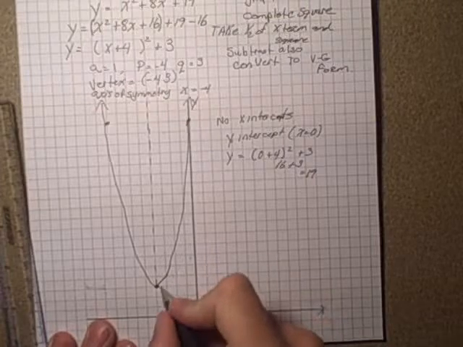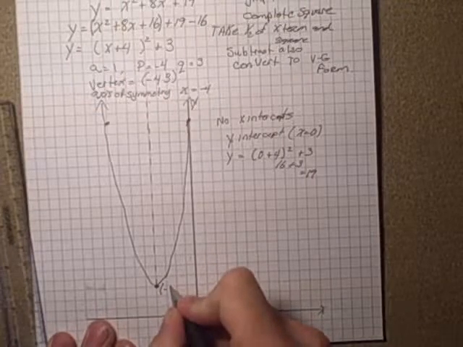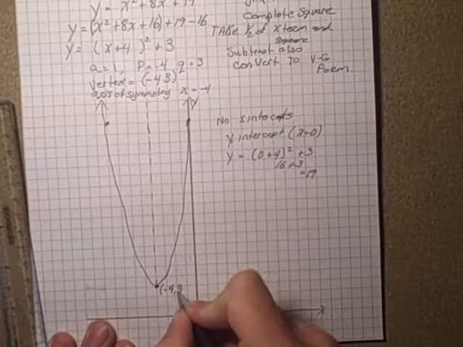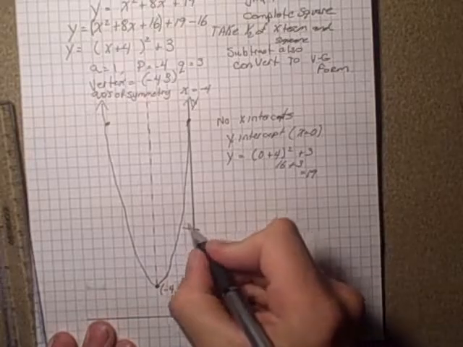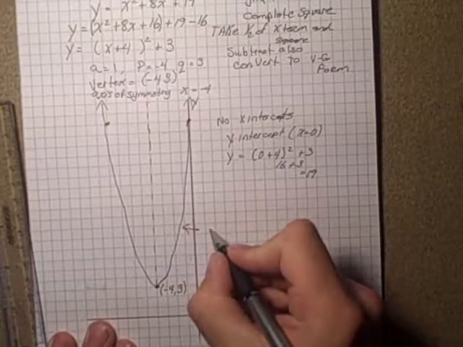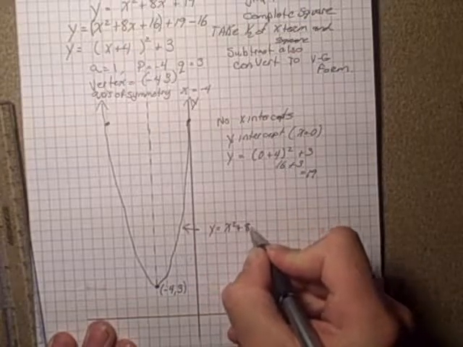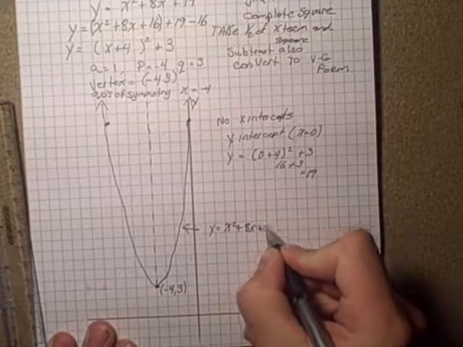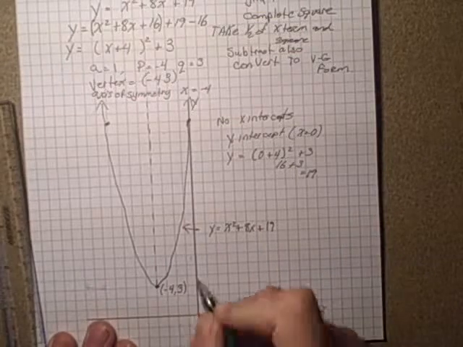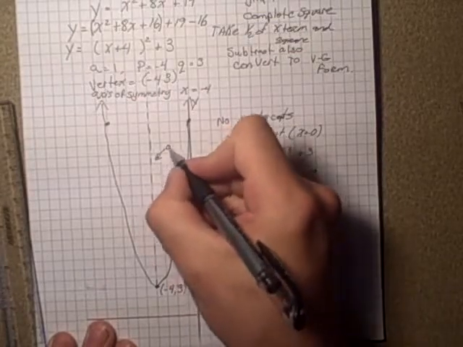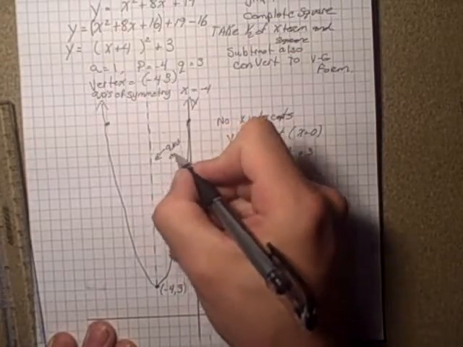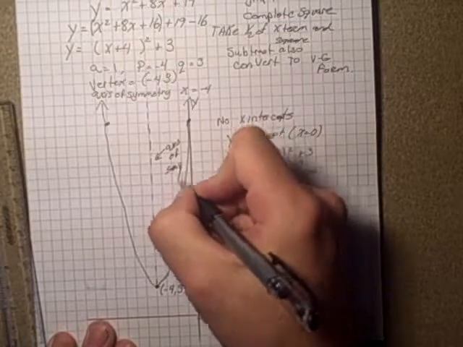Here's the vertex. So I'm going to label the vertex. I'm going to label the graph. And the axis of symmetry. I'm just going to put sym in there.